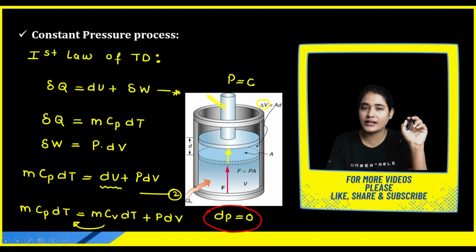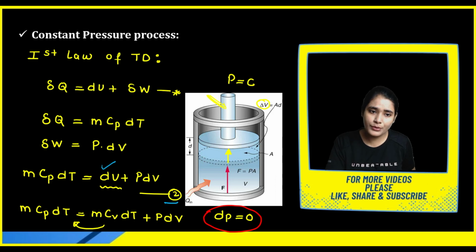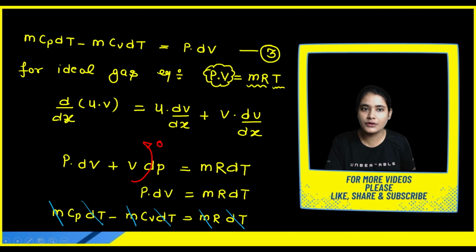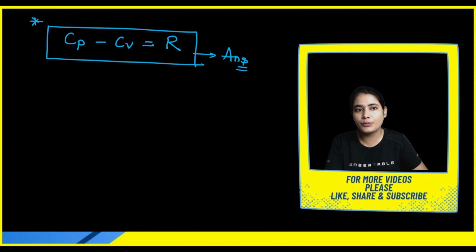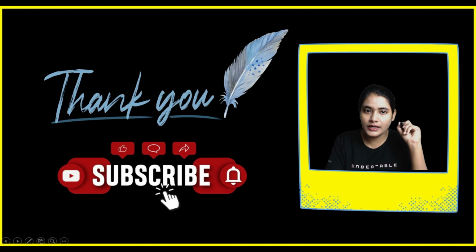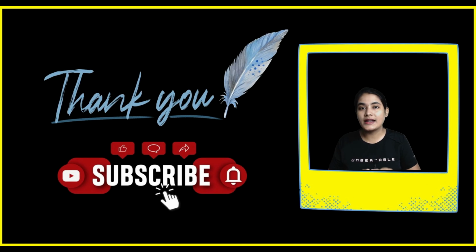We created one more expression, equation number 2, and in place of du we put our equation number 1 value. Now for an ideal gas you can take pV = mRT, differentiate it, and once you put all these values you get cp minus cv is equal to R. I hope you get a proper idea of the derivation.